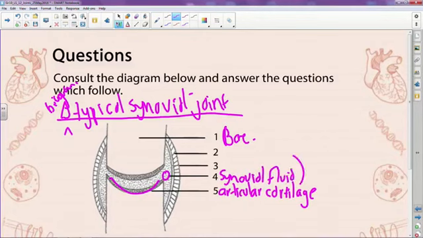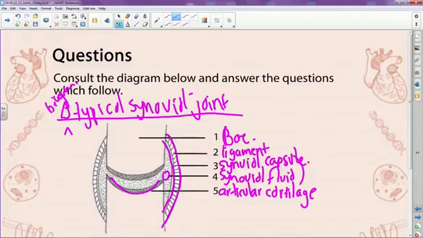Now here is quite challenging because you're not quite sure what they have shown you in the diagram. So I would say this one, a synovial fluid, must always be within a synovial capsule. And if you have a look at the structure on the side, it joins bone to bone, and that I would label as my ligament.